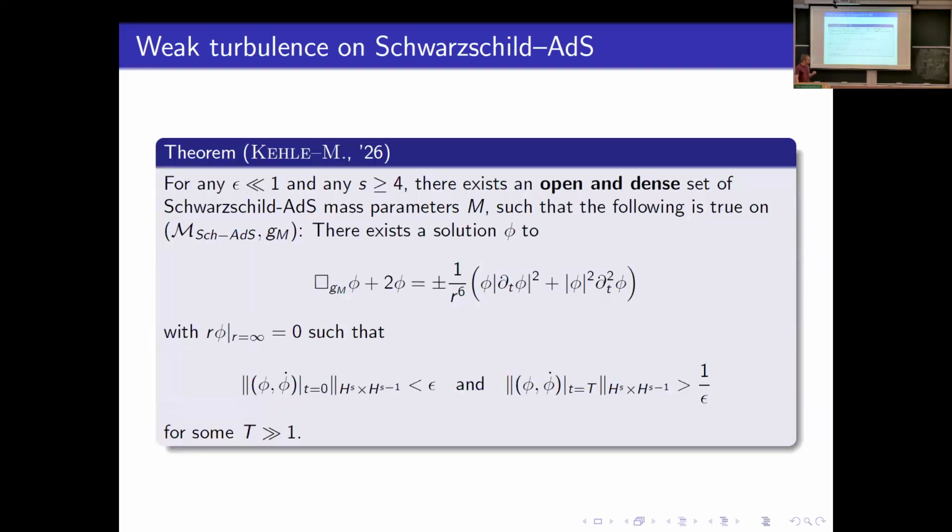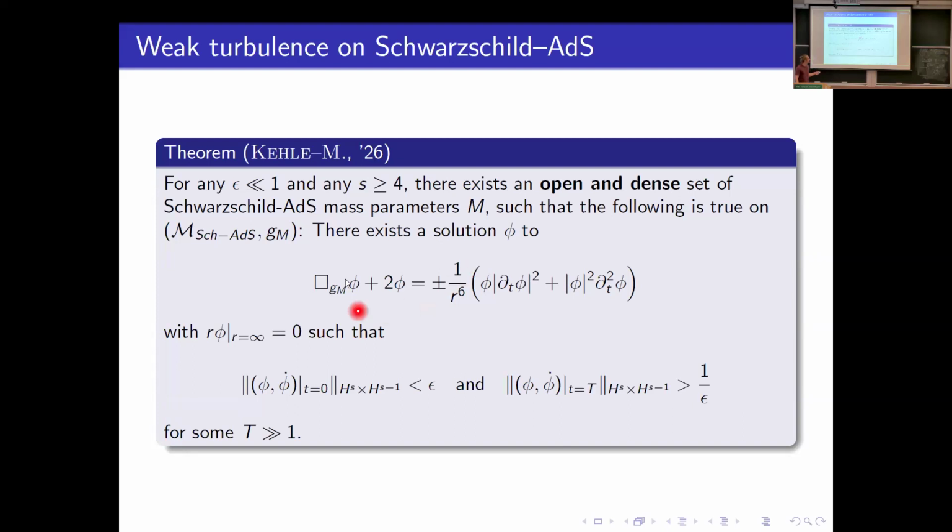Okay, so the theorem that we have with Christoph, which appeared maybe a couple of months ago, is essentially the same statement as for NLS on the torus, but for this equation on Schwarzschild-AdS, with a small caveat. The claim is the following.